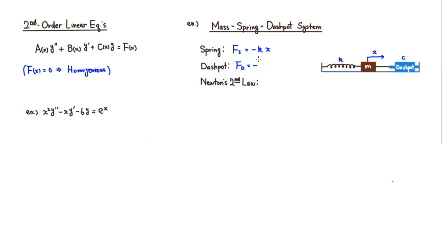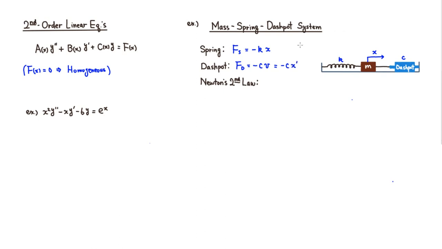So it's proportional to velocity v, with a constant. I'm going to use constant c for the dashpot constant. The velocity is simply the derivative of the displacement, so this can be rewritten as negative c x prime.